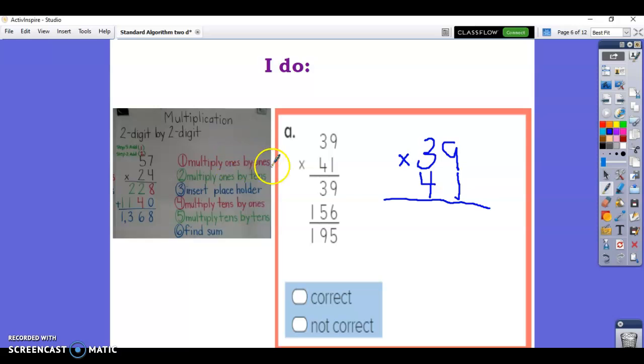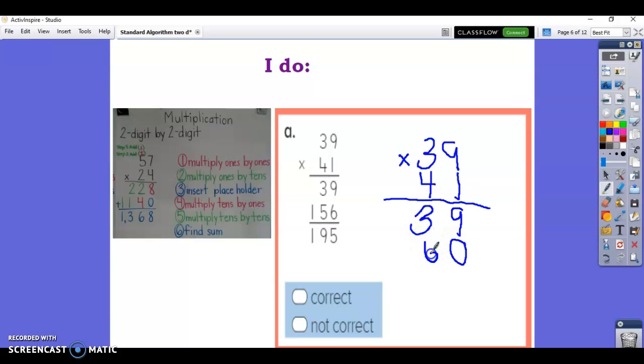Step 1, multiply ones by ones. So I'm going to go 9 times 1, which is 9. And then I multiply ones by tens, 1 times 3, which is 3. Next step, insert place value holder. And then multiply tens by ones, 9 times 4 is 36.